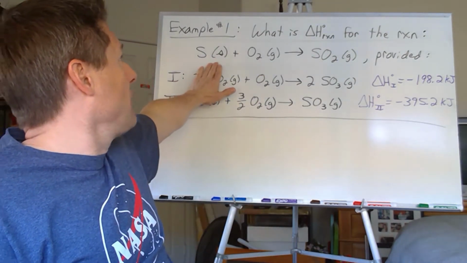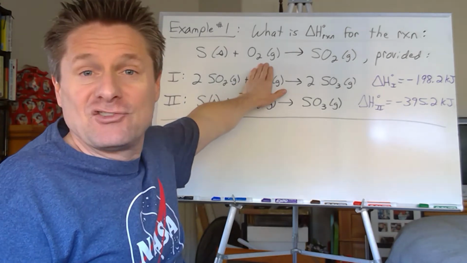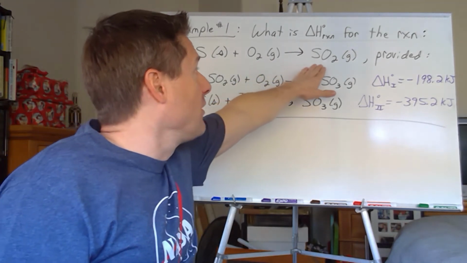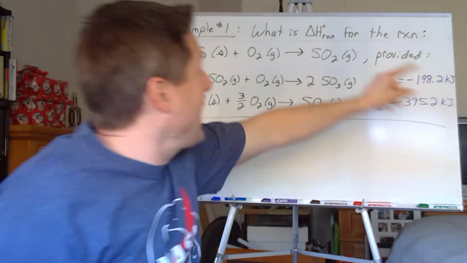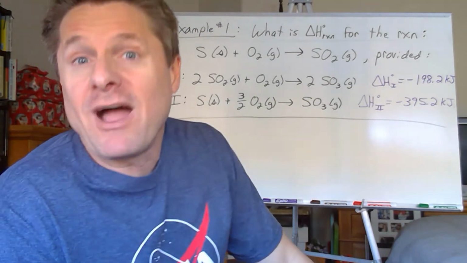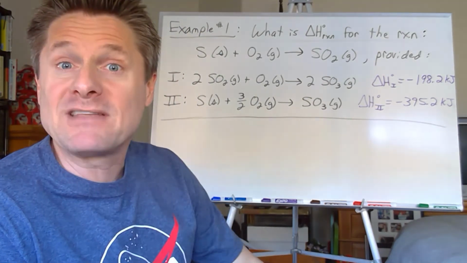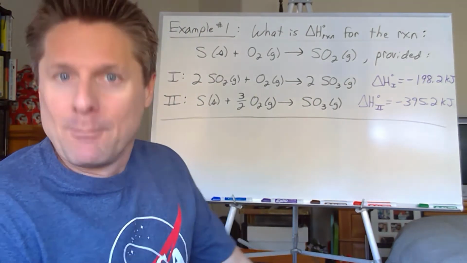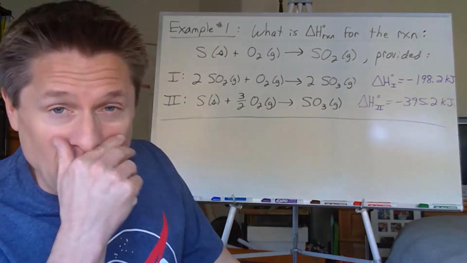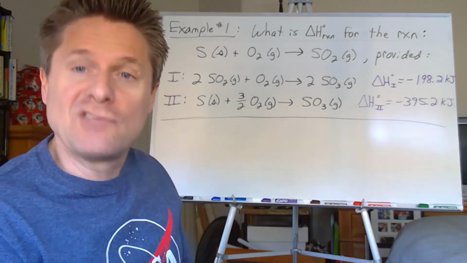So let's say the solid sulfur plus the oxygen gas, or the combustion of sulfur giving sulfur dioxide gas, we want the standard delta H reaction for, but let's say we can't find it in some thermodynamic table, or we can't do it in lab properly to experimentally measure it. So let's do it indirectly. Let's use Hess's law.